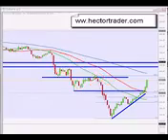We have a previous double bottom here, a former support now working as resistance. Also, this is the 50% Fibonacci level. I've measured it already. This is the 50% Fibonacci level, and of course, the dynamic area of resistance.